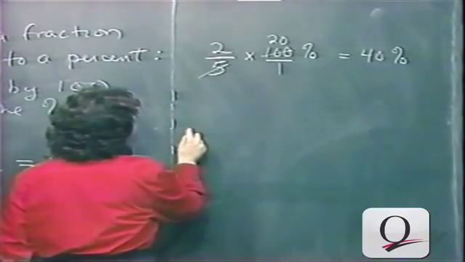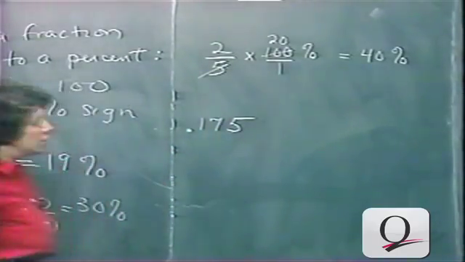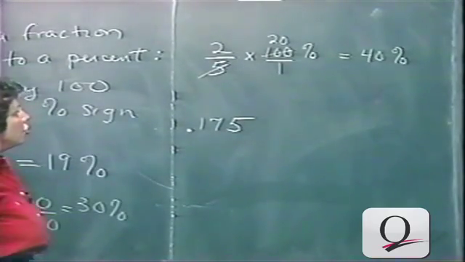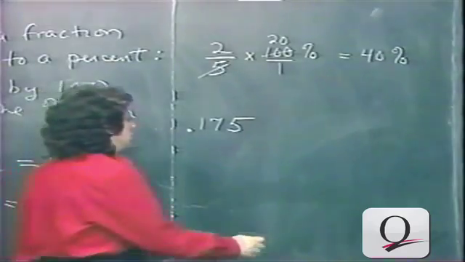Similarly, if you had the decimal 0.175, or 175 thousandths, to change to a percent, you would multiply by 100 and add the percent sign.